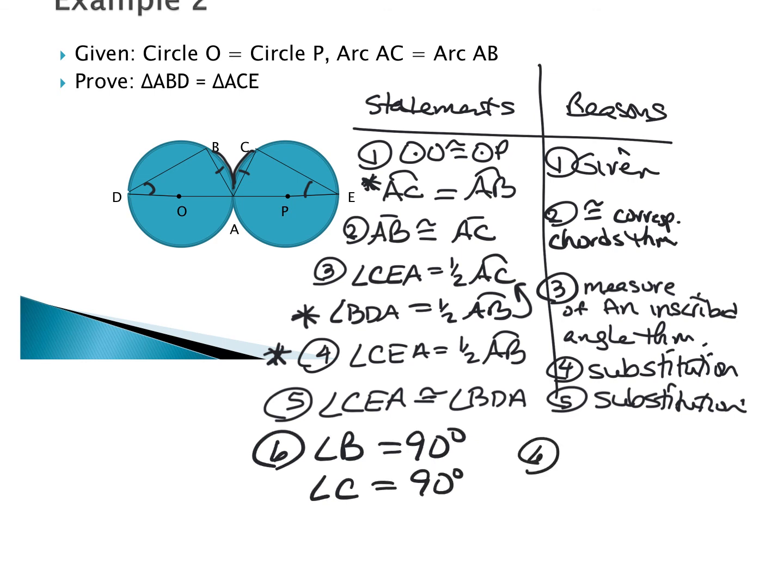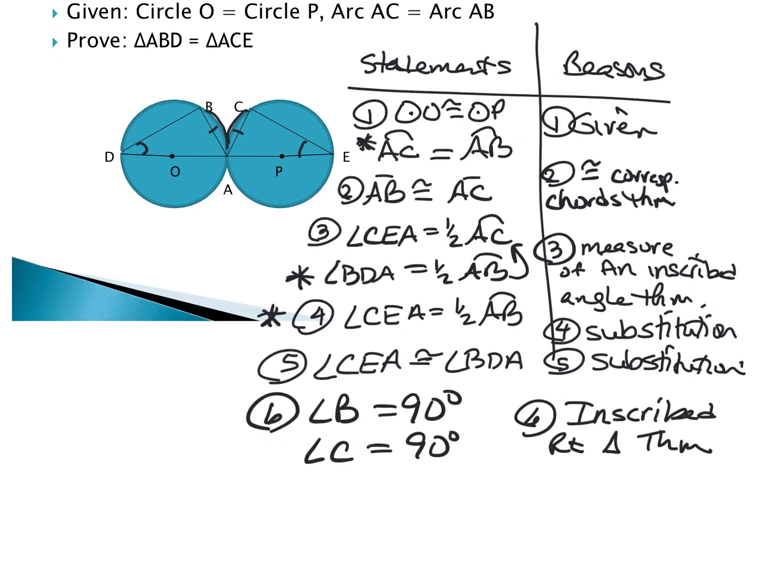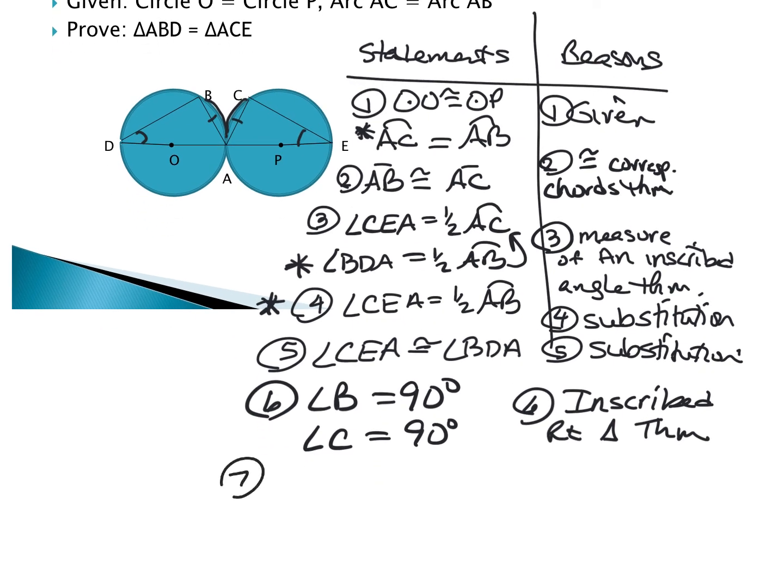And this reason is an inscribed right triangle theorem. So if you have a triangle that is inscribed in a semicircle, then we know that it's a right angle, that the angle opposite the diameter is a right angle. Now I can show substitution. Angle B equals angle C.